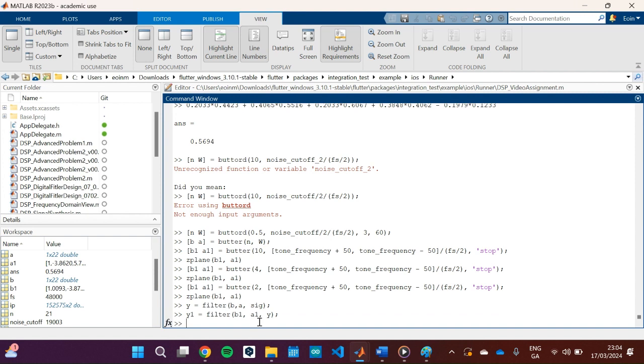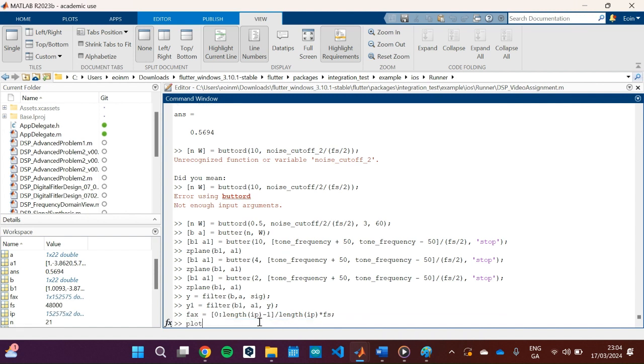Alright, and that's going to be plotted against the frequency axis, so I'll call that FAX, and I'll set that to be between 0 and the length of the input minus 1, divided by the length of the input, multiplied by Fs.